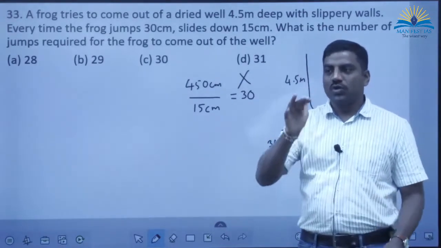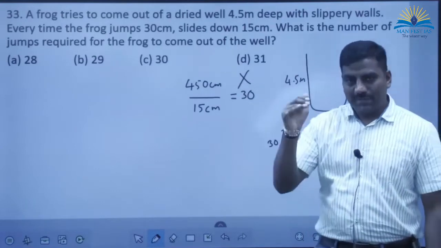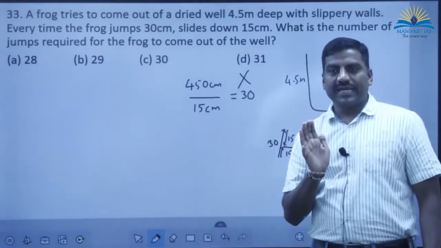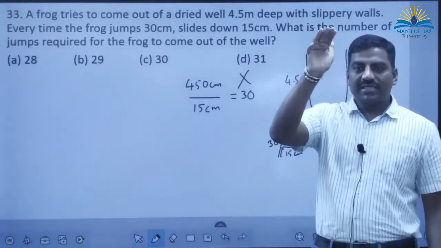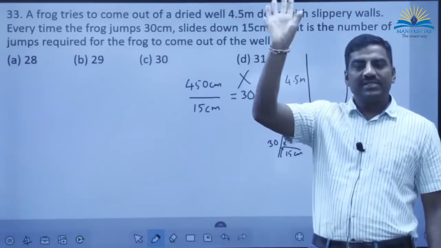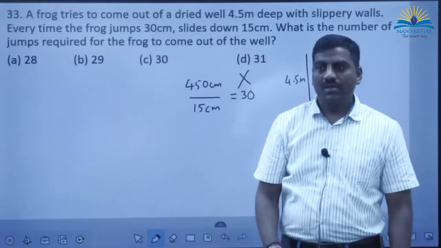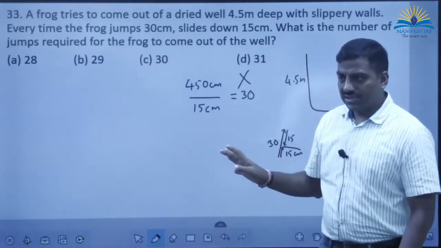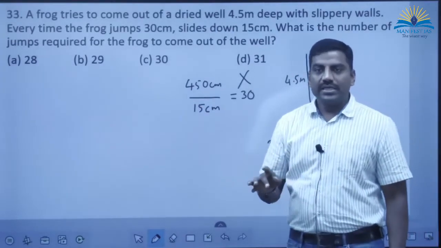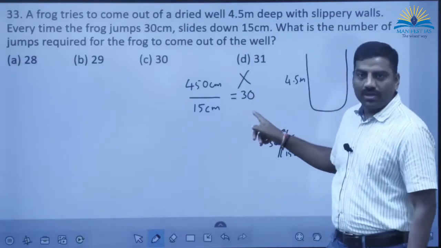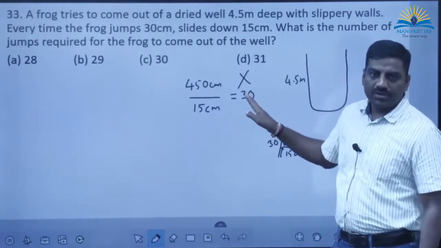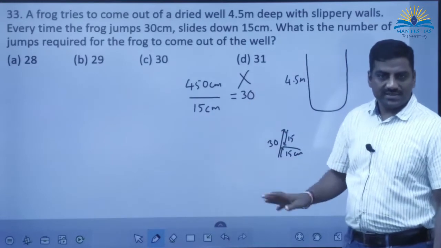If there is no sliding back or slipping back, if it was just one jump, second jump, third jump, it would have easily crossed. But after every jump, it is slipping back. Trust me, in such cases, it is not the exact number of jumps that we get. It is usually lesser than this.